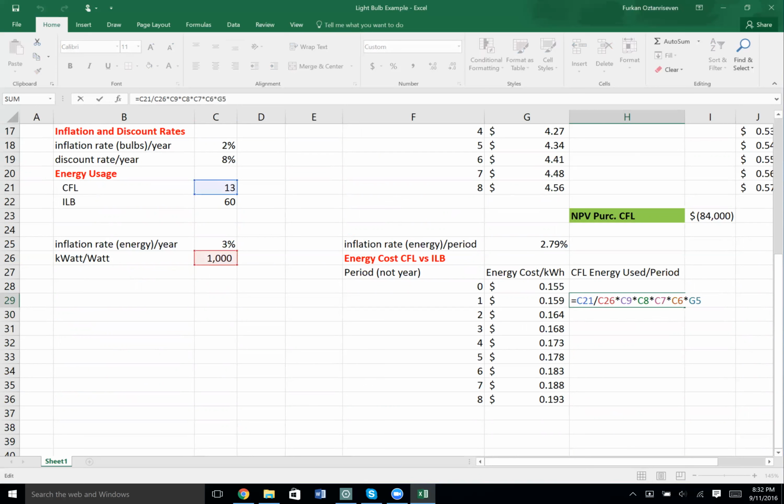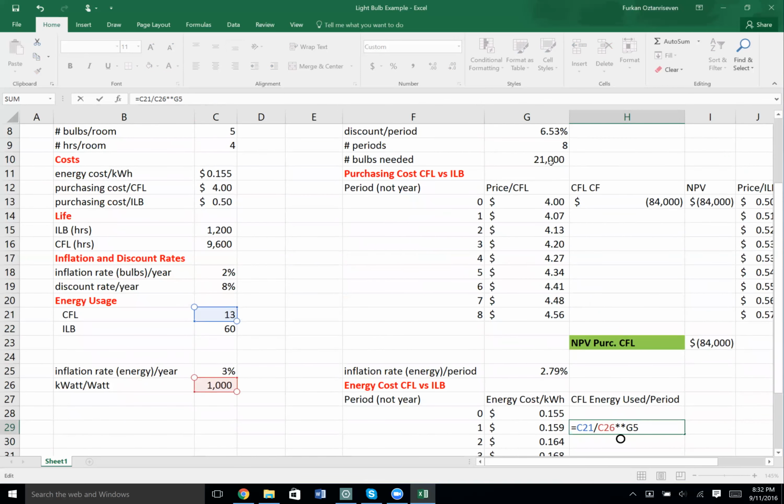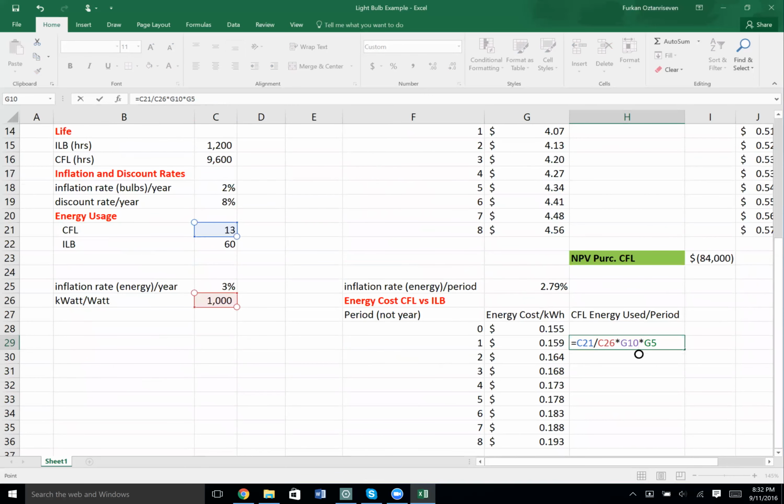To make it simpler, instead of multiplying with all this, we could just multiply by the number of bulbs needed, which would give us the same result. I made a mistake here, just a second.